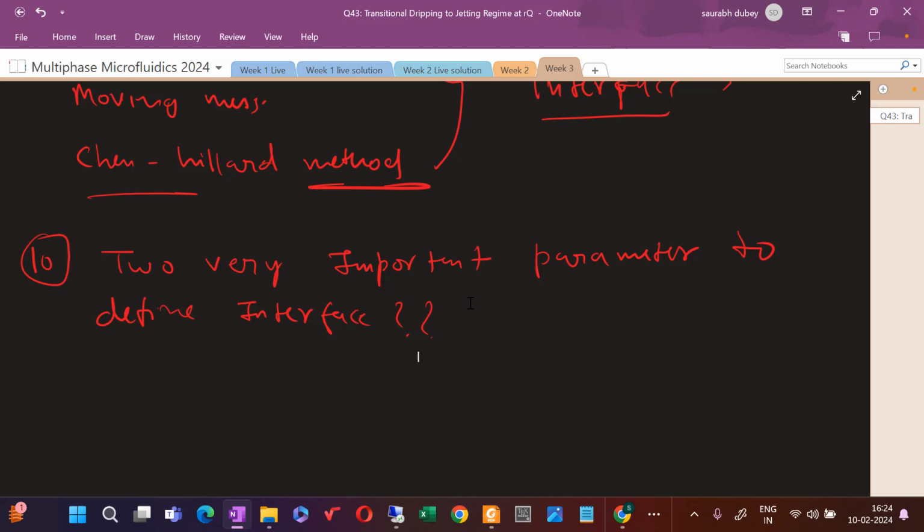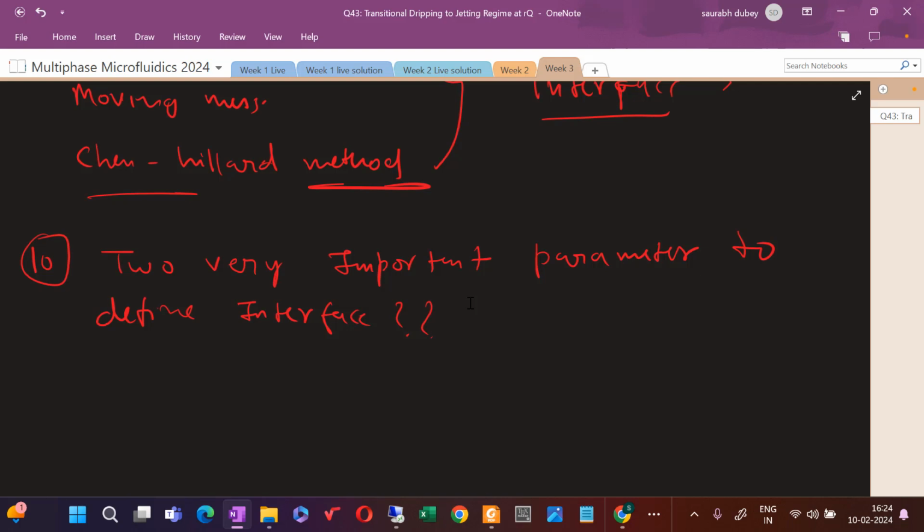So around 4 to 5 problems we will be solving about surface tension in the last lecture, and then we will be concluding the lecture.